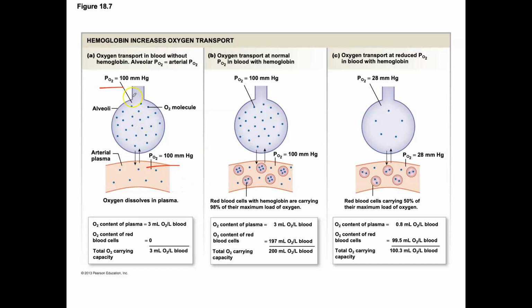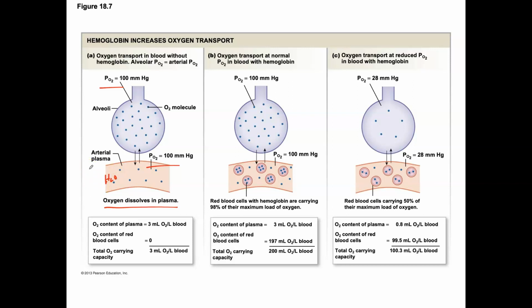It's just saying the alveolar partial pressure and the arterial partial pressure are equal to each other. So we are only getting oxygen into the circulatory system based on how much oxygen can dissolve in our blood. So it's based on the solubility of oxygen in water, right? Because our blood is primarily made of water.